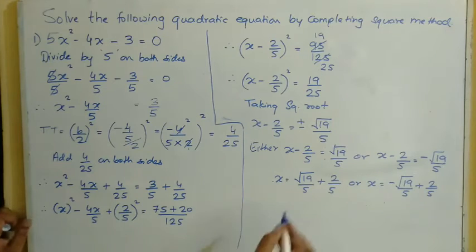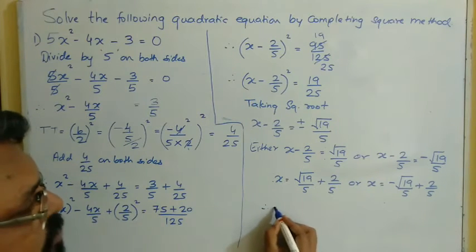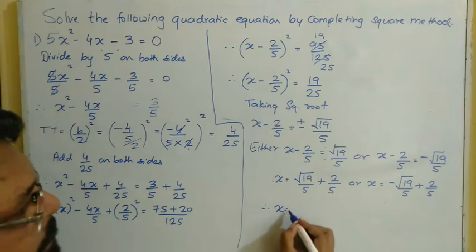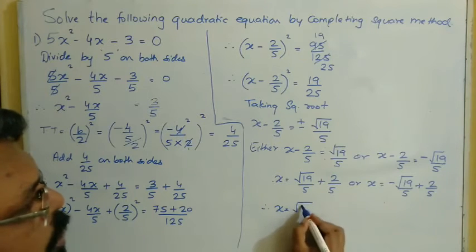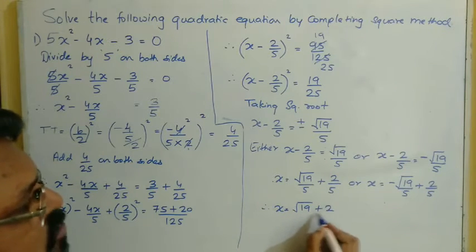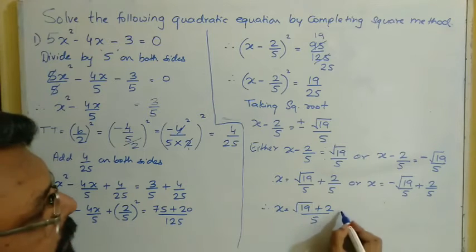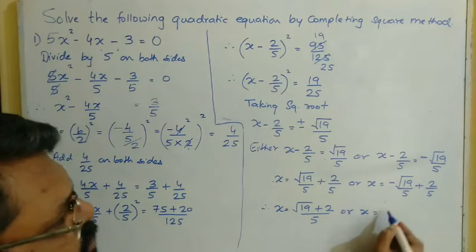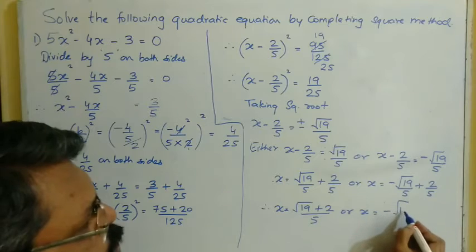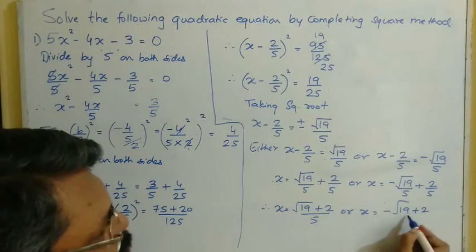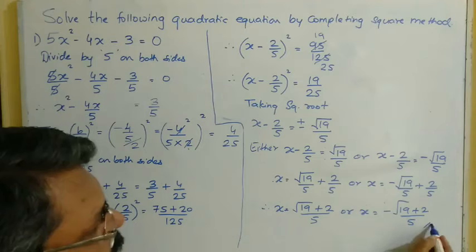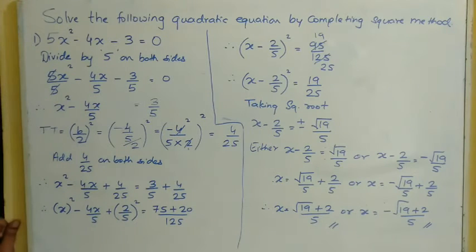This is the final answer, but if I take one more step, because the denominators are the same, I can write x equals (root 19 plus 2) upon 5, or x equals (minus root 19 plus 2) upon 5. So this is our final answer.